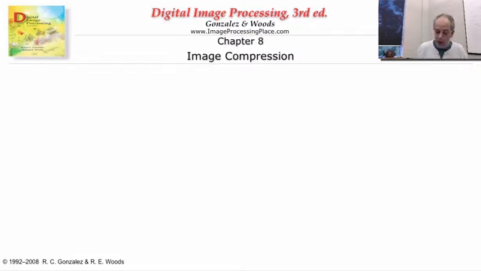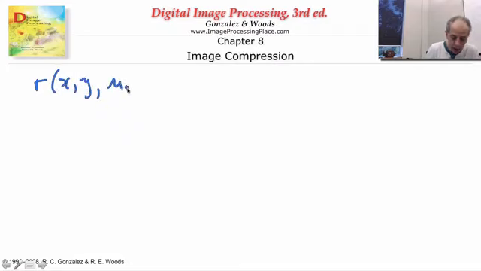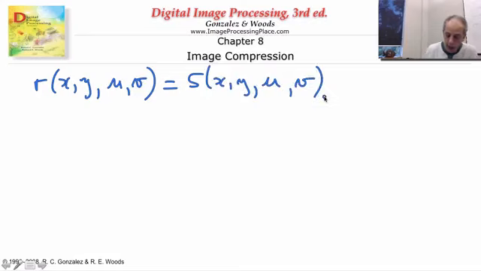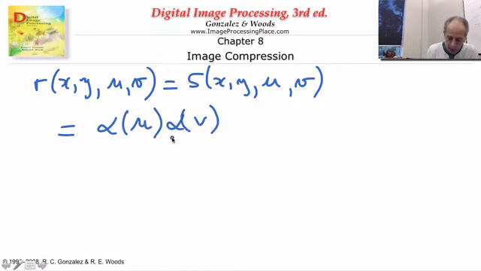So what's the DCT? In the DCT, R(x,y,u,v) is actually equal to S(x,y,u,v), and this is actually equal to some normalization coefficients, alpha(u), alpha(v), oh, this v and this v are the same. I apologize for writing two different v's.